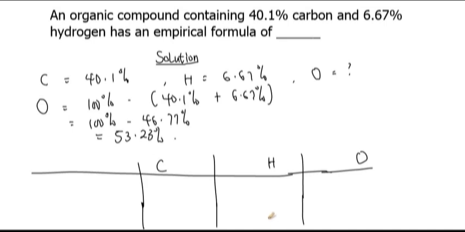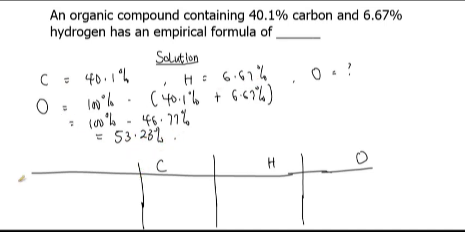The number of moles is always given as mass over molar mass. In this case we'll take the molar mass to be the same as the atomic mass of the elements, the relative atomic mass. For the mass, we'll take a whole of 100 grams, since we have it to be 100%. So if the mass is taken to be 100 grams, carbon will be 40.1 grams, hydrogen will be 6.67 grams, while oxygen will be 53.23 grams.